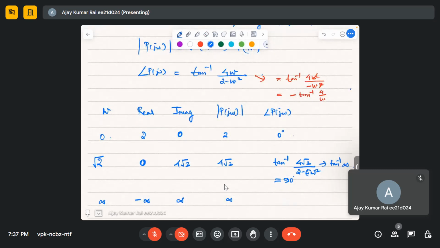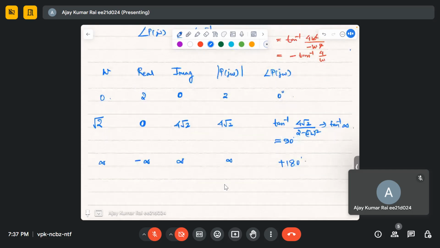This will be 0 degree, or you can say 180 degree, it's a negative. We'll say plus 180 degree because of this sign. Why am I saying 180 degree? Because it's in the second quadrant, so that's why I'm saying the angle is plus 180 degree. Once I plot the Nyquist plot, it will be clear.